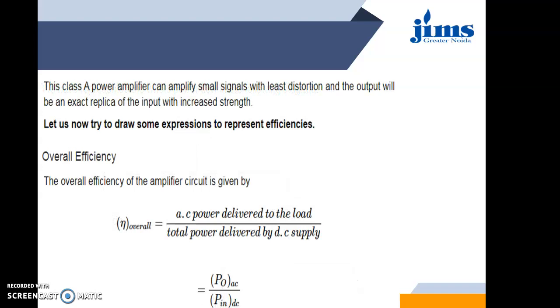Now from all these power relations we come to the overall power conversion efficiency, which is the AC power delivered to the load with respect to the total power delivered by the DC supply. In simple notation it is P out AC upon P in DC.